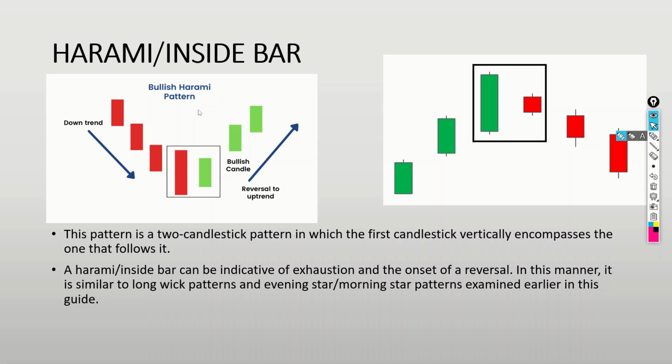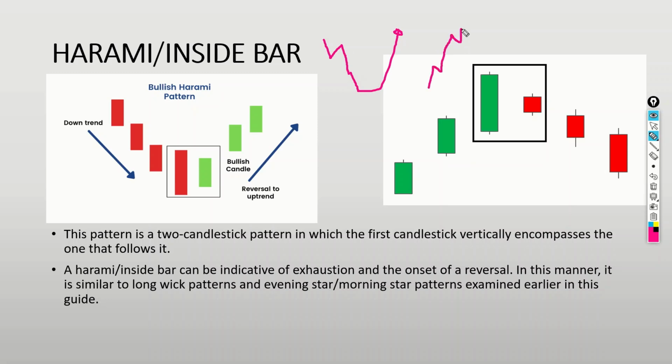So here, a bullish Harami occurs in a downtrend, and a bearish Harami occurs in an uptrend. So we are saying that price goes down, then you form a bullish Harami, then the price goes high.